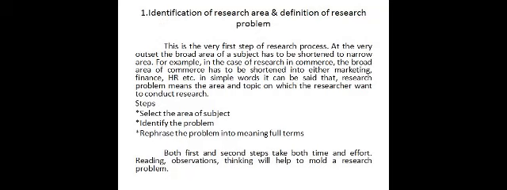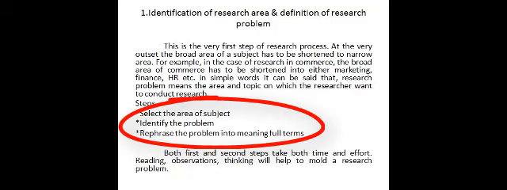In simple word, it can be said that research problem means the area and topic on which the researcher wants to conduct research. What are the steps of this process? First one, select the area of subject. As I mentioned, there will be different areas.